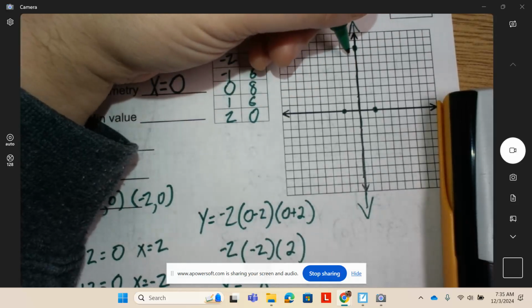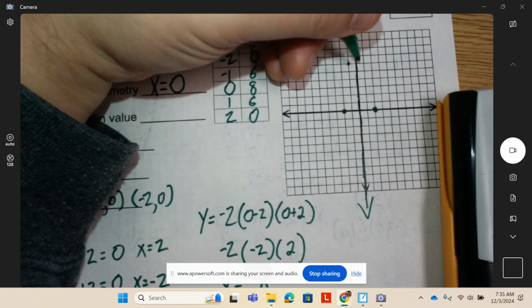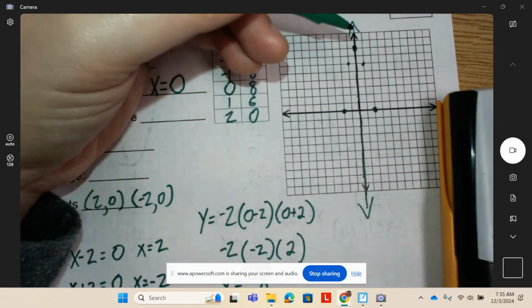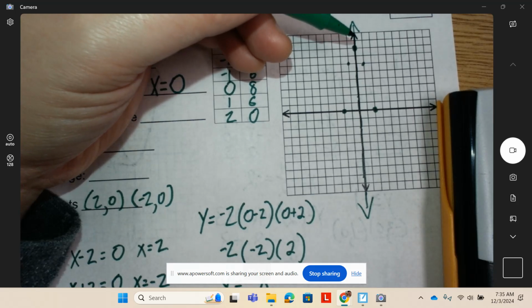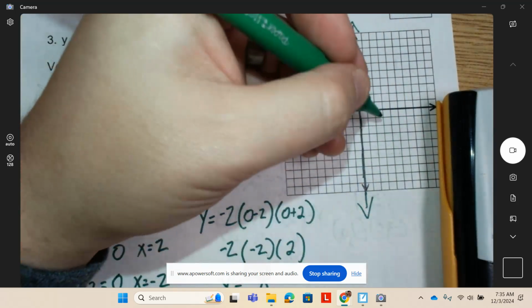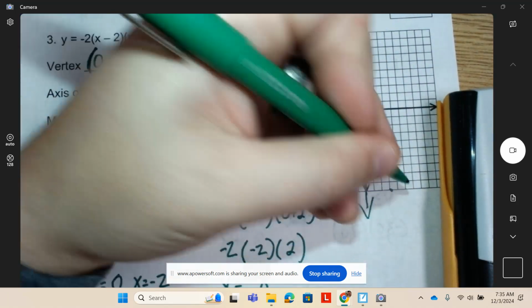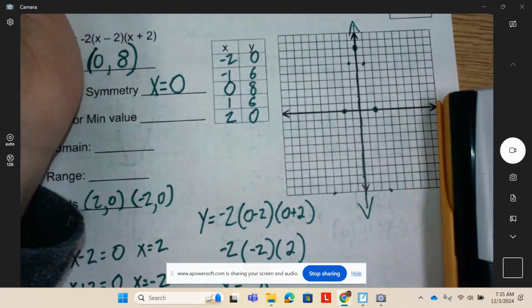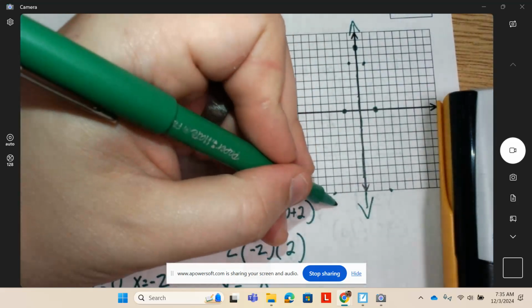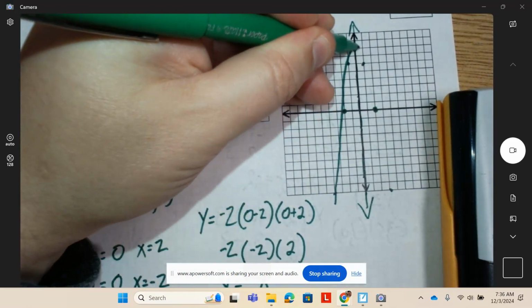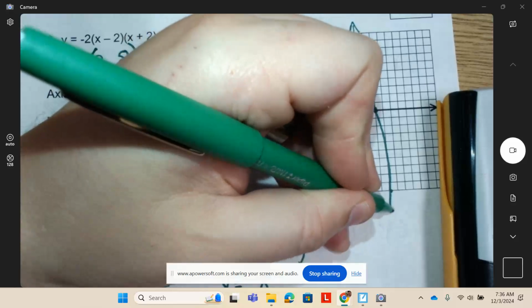So looks like I've just got those points right there. And I could, if I wanted to, looks like my next point would be a -10. So that just gives you a little bit better idea as to the curve of that.